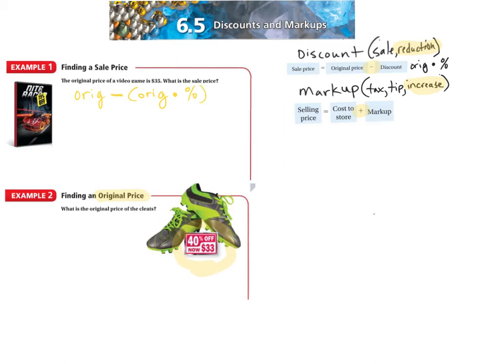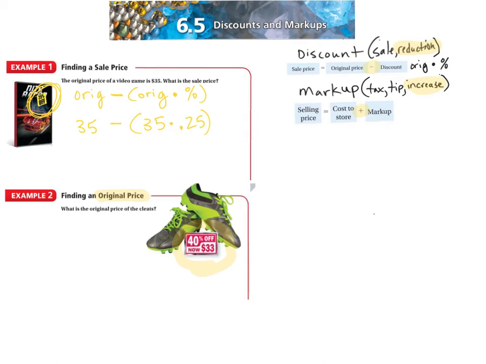So let's do that. So the original amount's 35, and we're going to subtract 35 times, and we have right here our 25% off. 0.25 is 25%. If you're confused about that still at this point in the chapter, I suggest you go back and take a look at the first section video so you can remind yourself how that works.